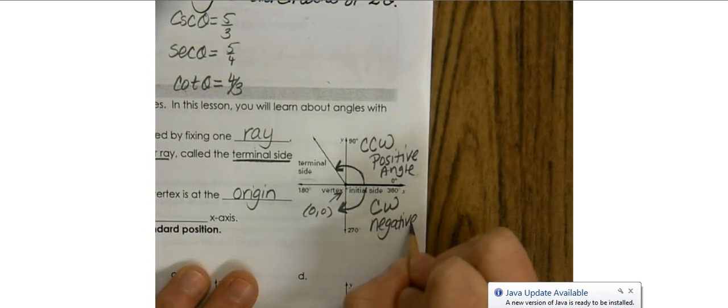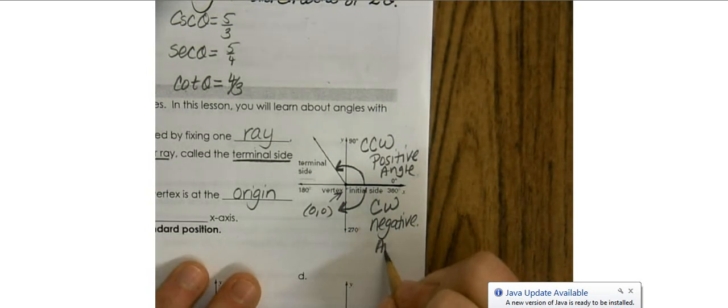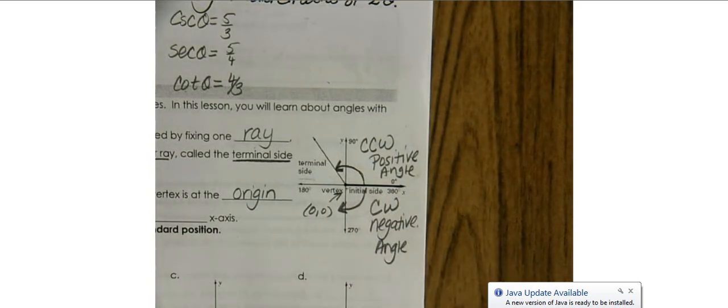So positive angles and negative angles depend on where you are rotating it. Are you rotating it counterclockwise or clockwise? And so that's what we're going to be practicing here in example number 1, drawing angles in standard position.